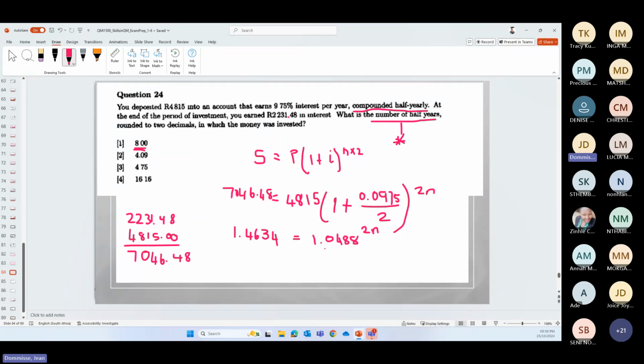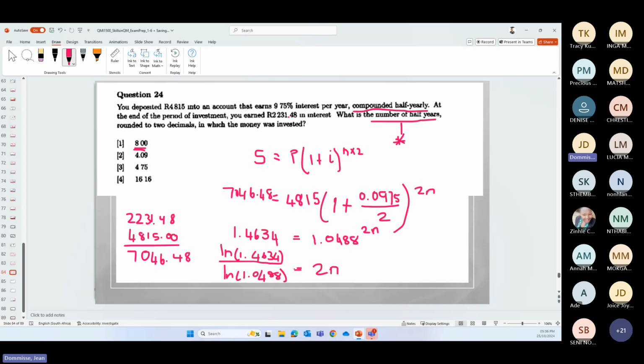So what we needed to do is to basically take log of both sides. So then that 2n will move to the front, and then we need to say log of 1.4634 divided by log of 1.0488.